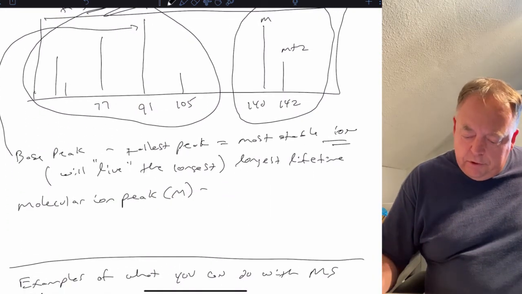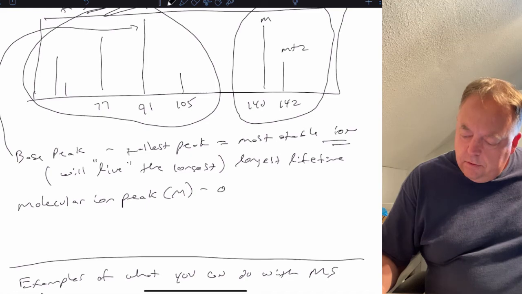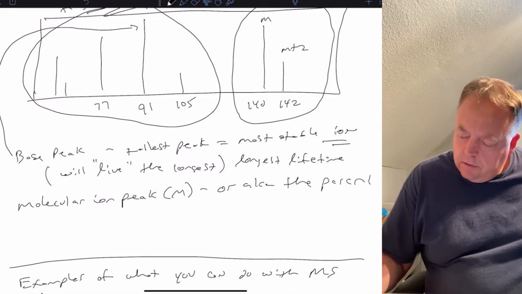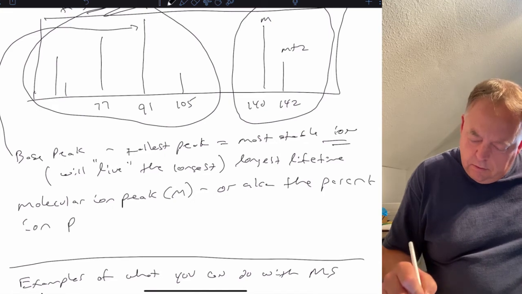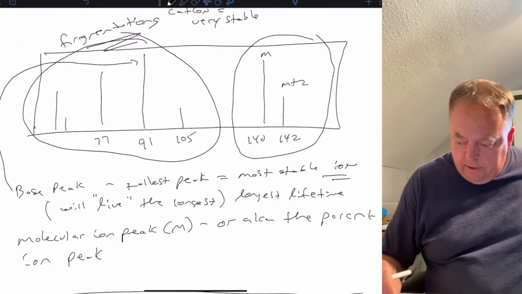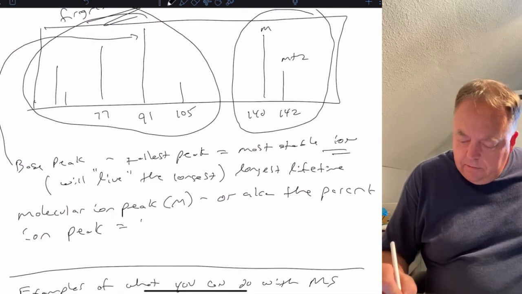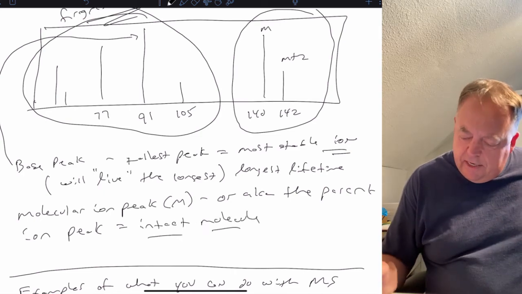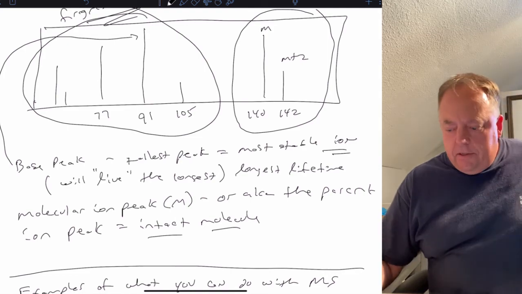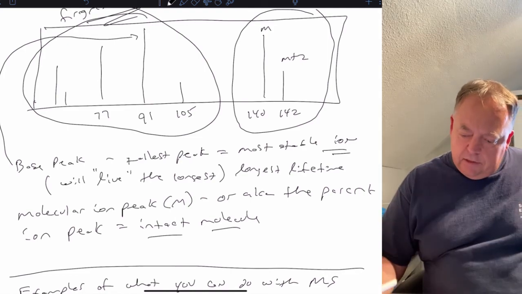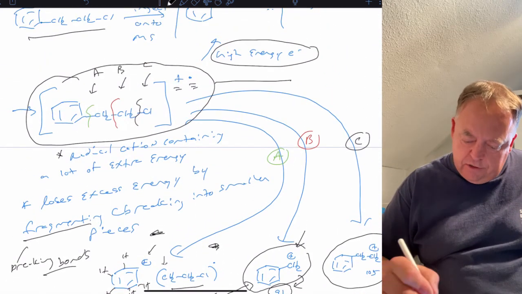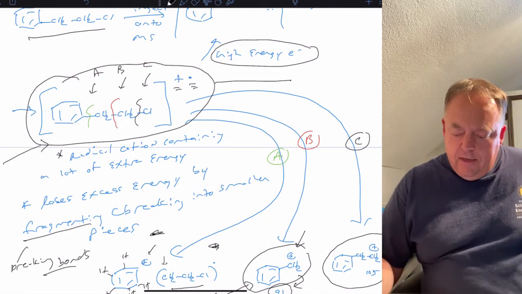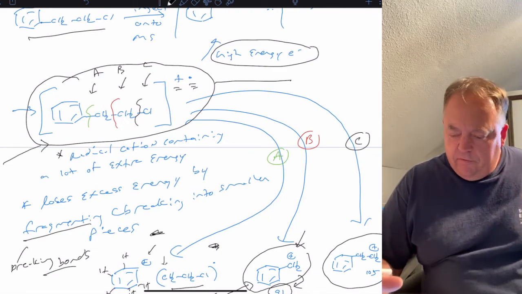And then you have what are known as the molecular ion peak, or the parent ion peak. That would be the intact molecule that has not fragmented. When you do a spectrum like this, you impart so much energy to the molecule to begin with that it may totally break apart before it even hits the detector.